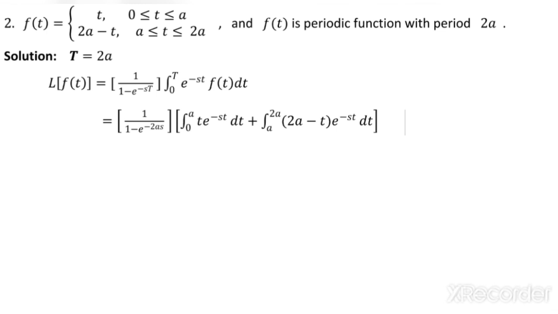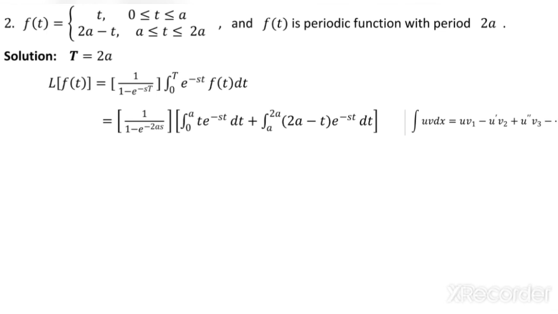okay. But since here a polynomial is associated, whenever there is a polynomial times any function, we can go for Bernoulli's formula, which is nothing but of the type integral u v dx, where u is the first function, taken as the polynomial.